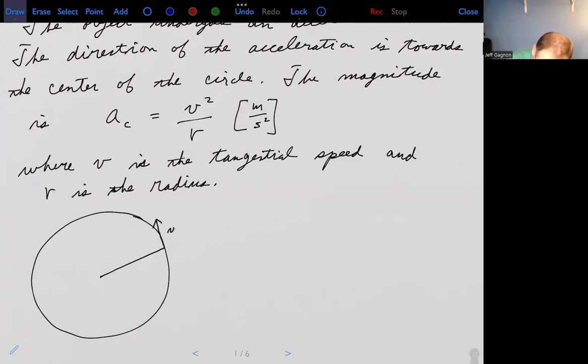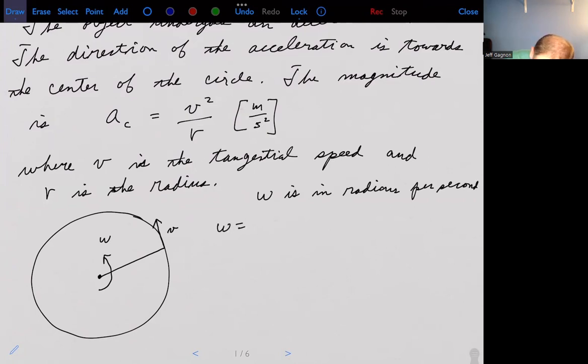So this is v. Then the angular speed, which we call omega, is basically how many radians of angle it's sweeping out per time. So omega is in radians per second.